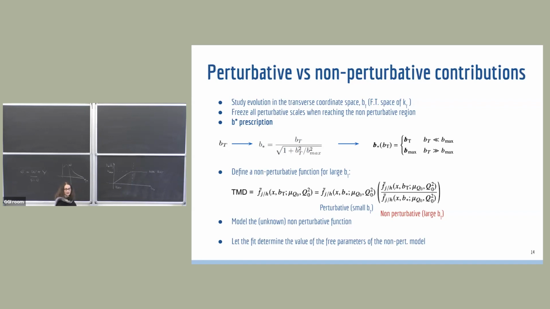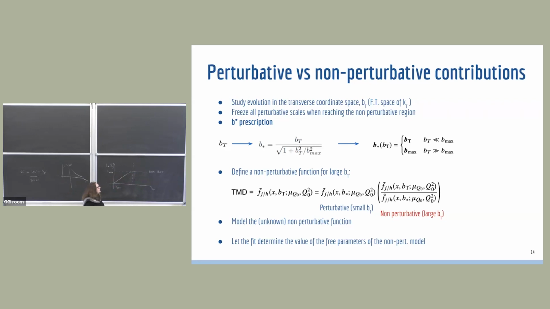This is done in the same way. So you trade your bT for b*, okay? And b* is a function of bT, which is equal to bT when bT is smaller than b_max, and is frozen to b_max when bT is larger than b_max, okay?